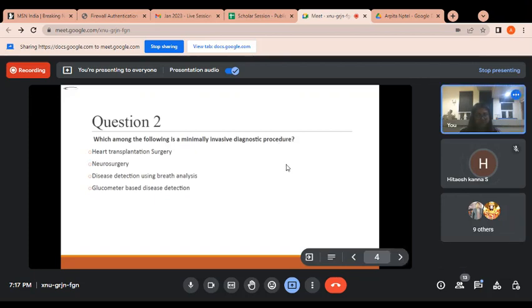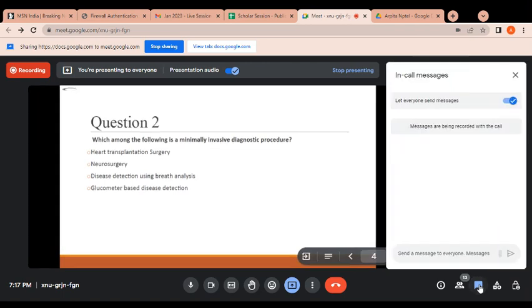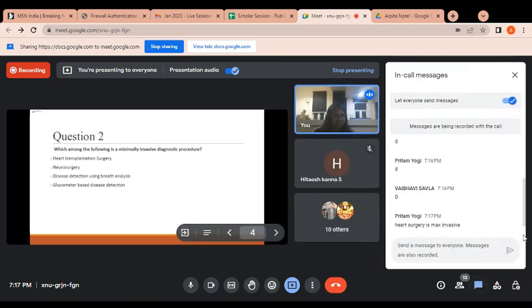Anyone else? See, for the heart transplantation, heart surgery is maximum invasive. Yes, this is the Pritam Yogi. Okay.